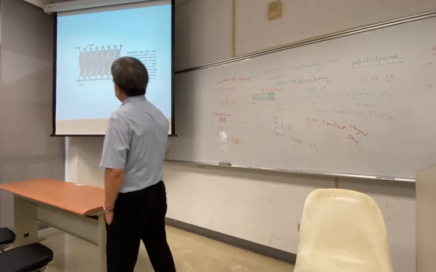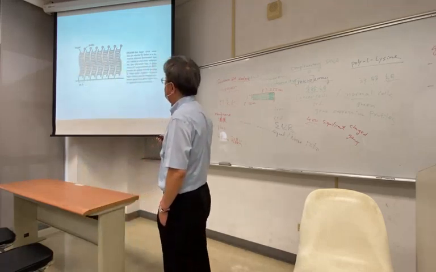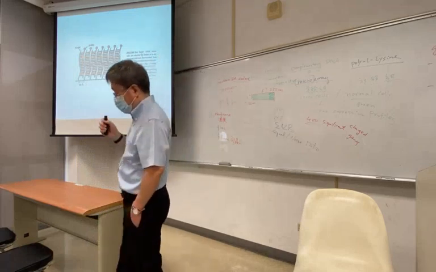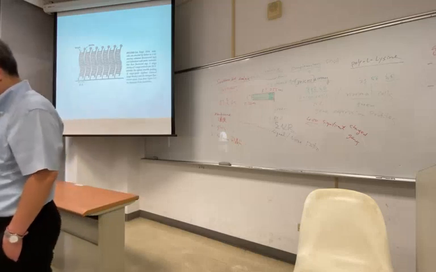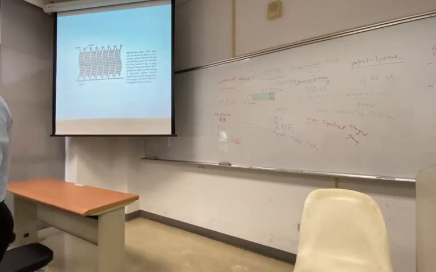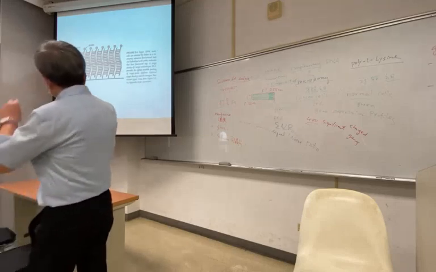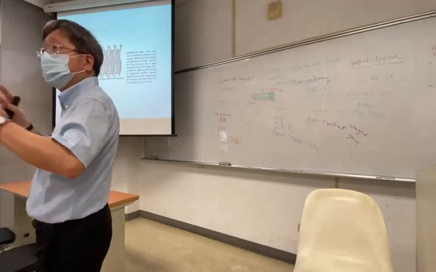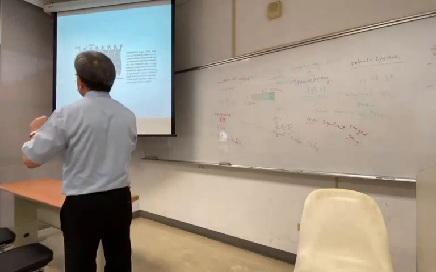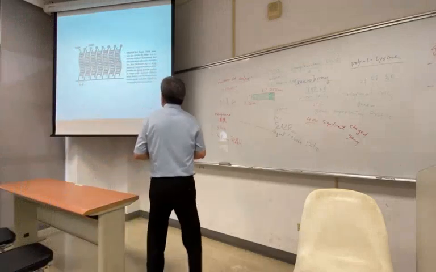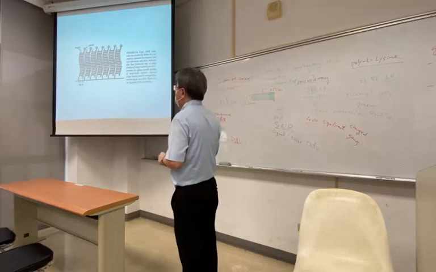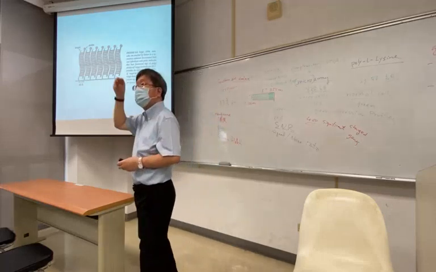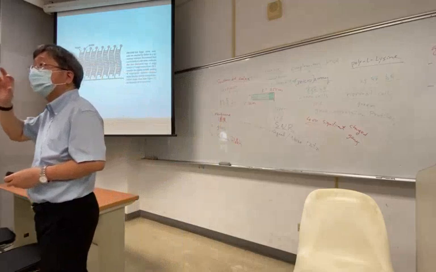Okay. Well, I have to explain to you that in our textbook, the definition for target and probe is somewhat different from our common practice. Okay? Target in this case means the known DNA.